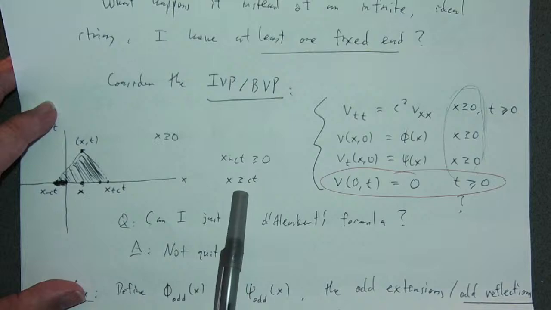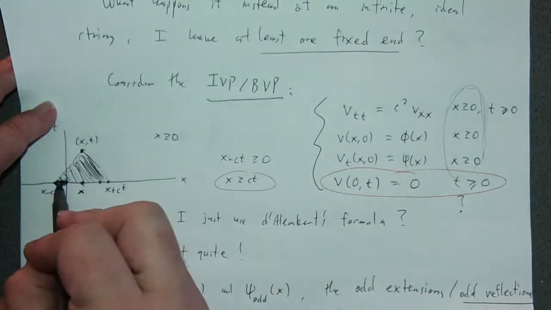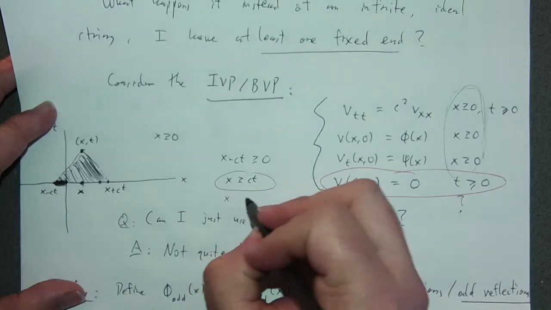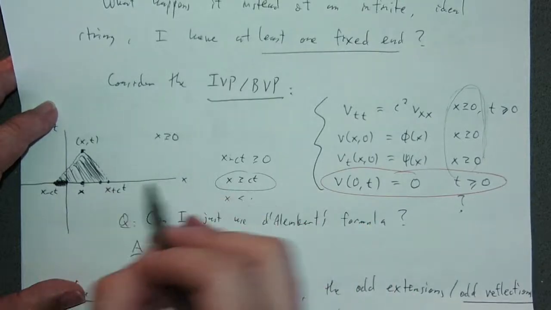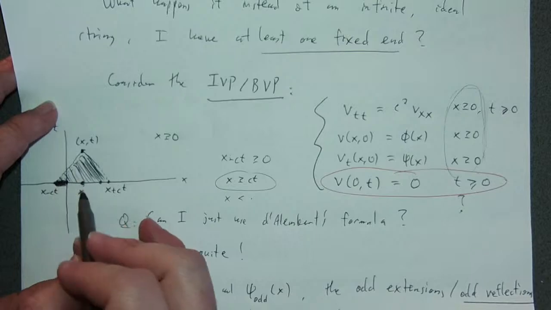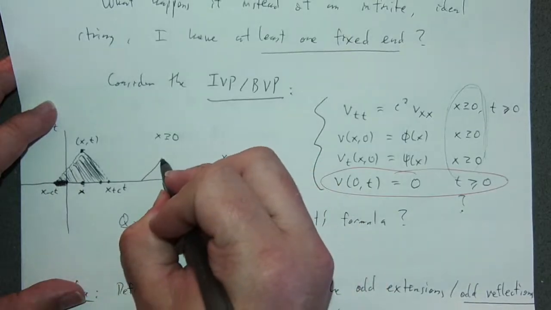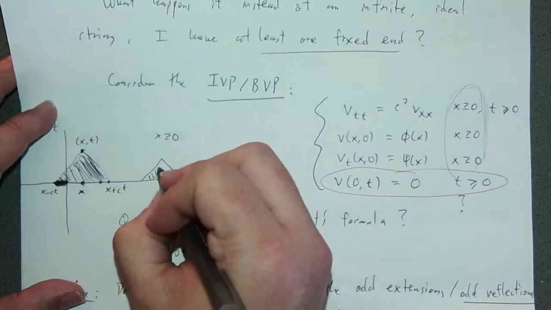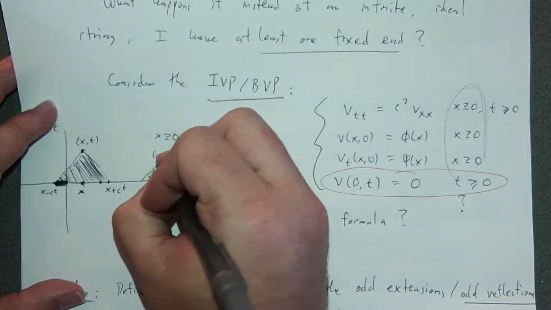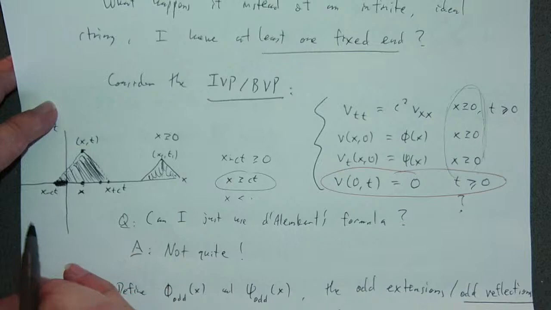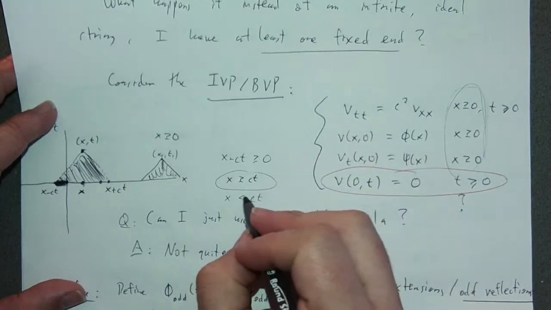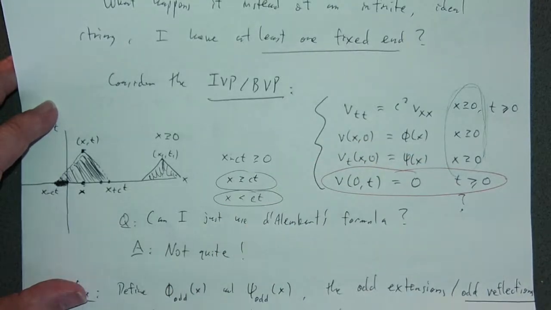And if that's the case, I end up with a situation where my domain of dependence maybe looks something like this, for some (x1, t1). Maybe I don't need any info about what occurs to the left of 0 here. But if x is less than ct, I do. So these are my natural two cases that arise here.